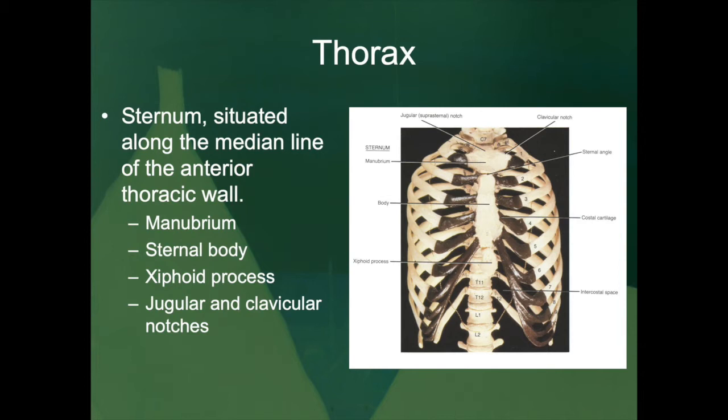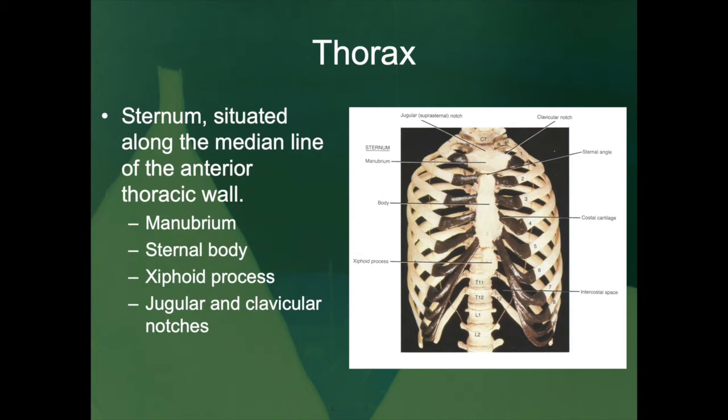Now, when we take a look at some of these articulation points, we realize that the sternum itself will articulate directly with some of the ribs of the cage itself, and then also indirectly with, in this case, the 2nd through the 10th ribs.